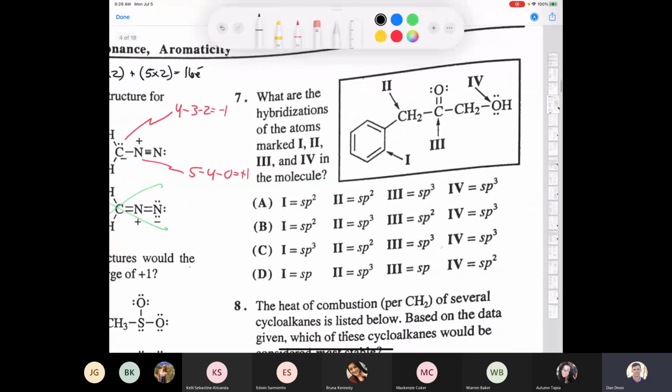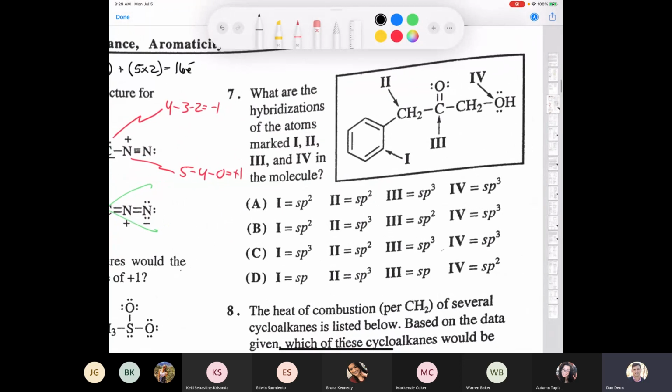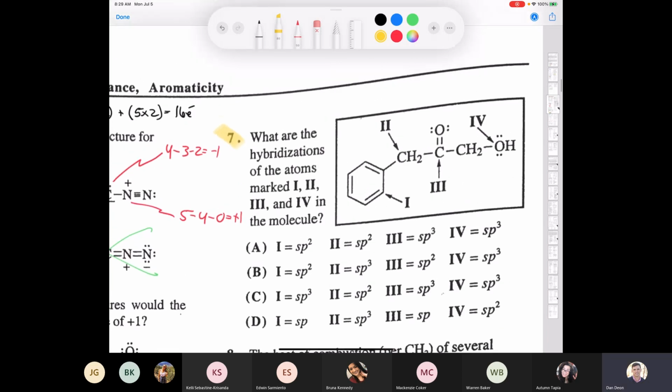This is the kind of question that I would expect most students would probably nail. It just says it's got 4 atoms. We've got 3 carbons and an oxygen. And what are the hybridizations? I'll give you a second to look at it. If you think you have an answer, just throw it up. Don't be shy. And this would go back to chapter 1 as well, hybridization, and a little bit of Gen Chem.